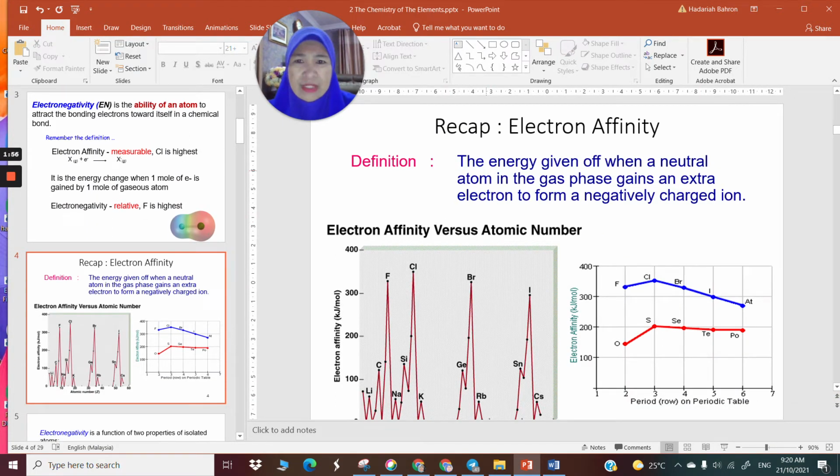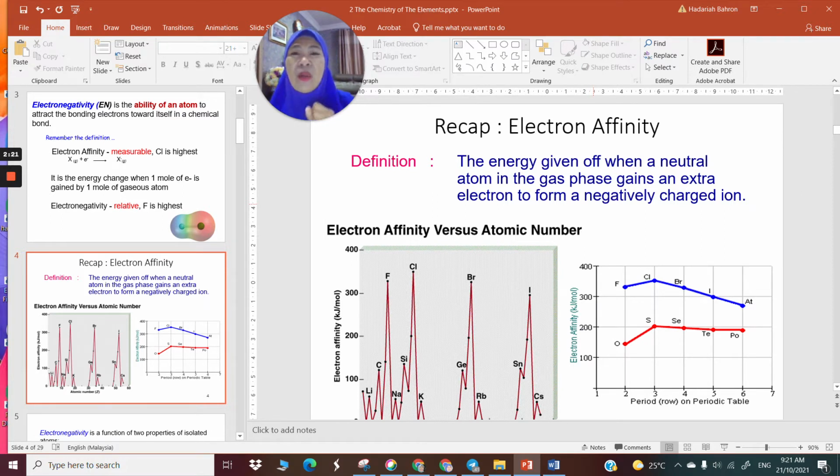So to make clear the difference between electron affinity and electronegativity, the definition of electron affinity is the energy given off, that means energy is released, when a neutral atom in the gas phase gains an extra electron to form a negatively charged ion.